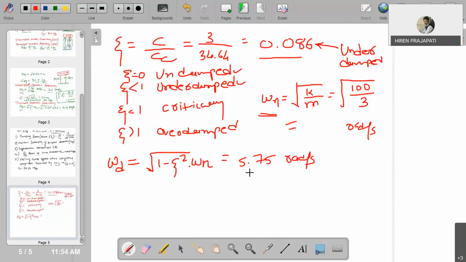So we got your omega d now. Fine. Now if I ask you to give omega d in hertz, then what to do? We need to divide by 2 pi. So divide this by 2 pi, then you get it in hertz.